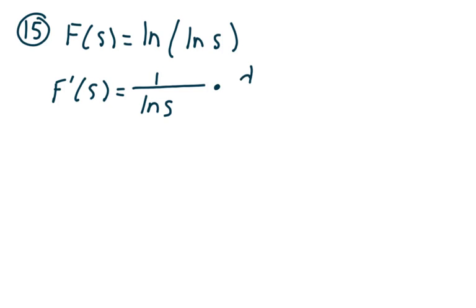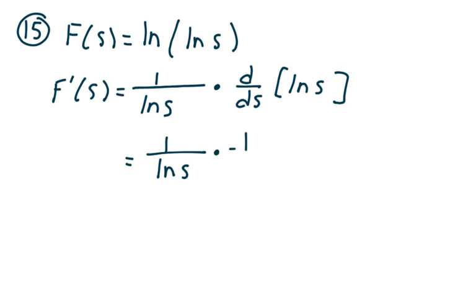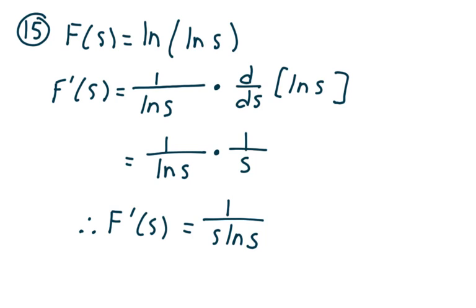We're going to multiply by the derivative of the inside function. They all work very similar in that way. And so this is 1 over natural log of s times 1 over s. And so therefore, f prime of s is 1 over s times natural log of s. That was 15.